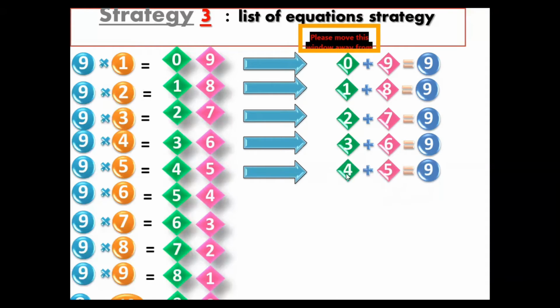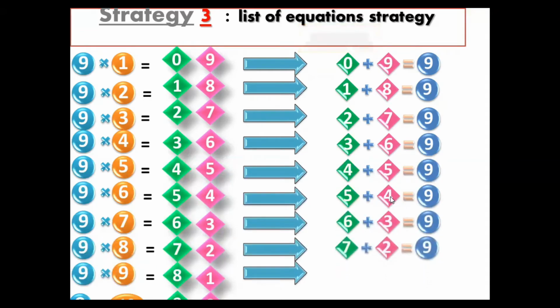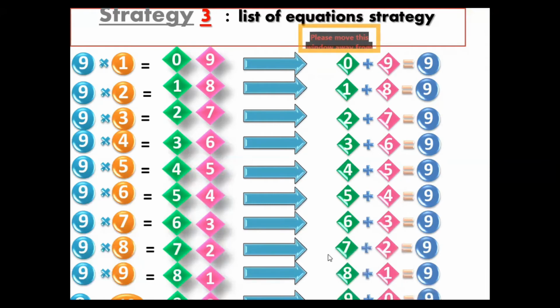So the sum of the two digits 4 and 5 equals 9 also, and so on. In all products here, we can find that the sum of the two digits in the product is always equal to 9.